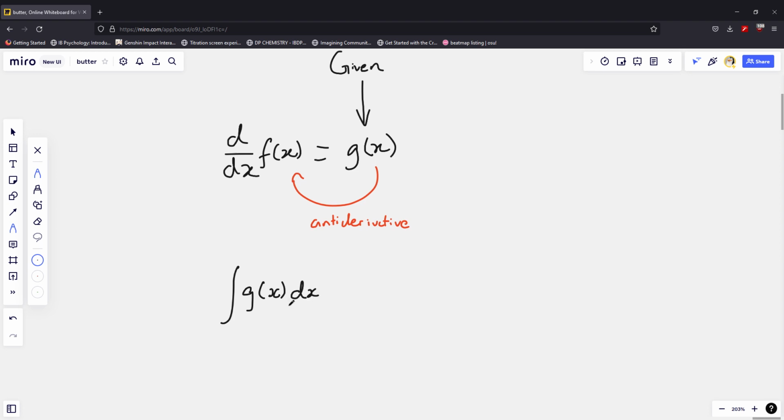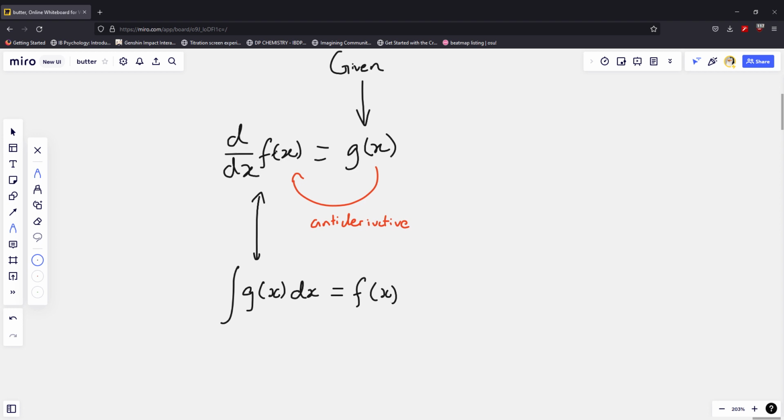So we leave the dx here because we're integrating with respect to x. It's the same idea as differentiating with respect to x. We need to make sure we have this dx over here. And this will be equal to f of x. Sorry, I've drawn the bracket the wrong way. There we go.